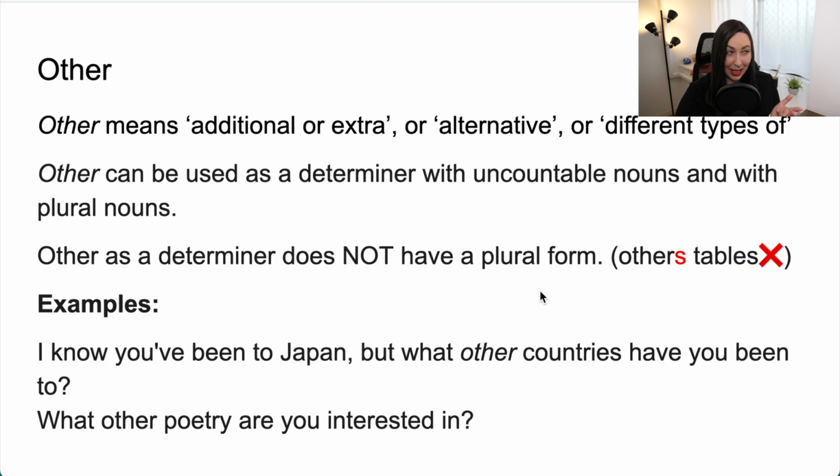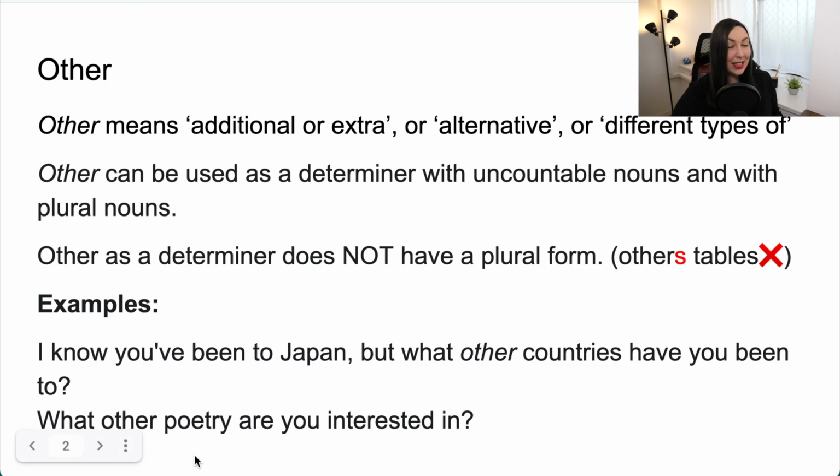Let's take a look at some examples, okay? I know you've been to Japan. But what other, notice no S, what other countries have you been to? So countries is a plural noun.